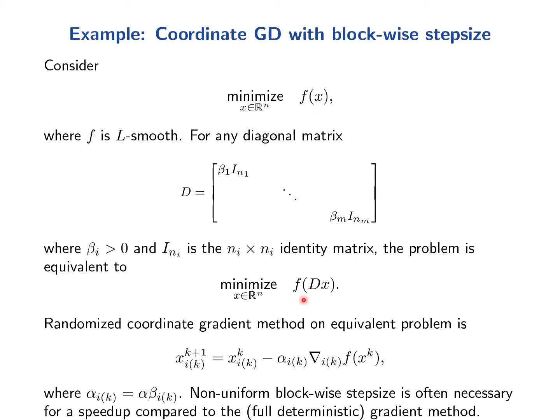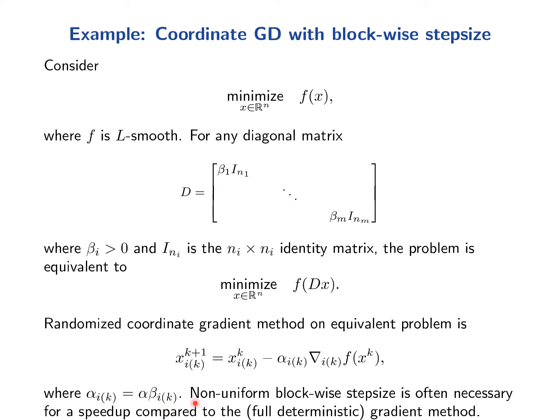Therefore, we obtain this equivalent problem. Now, applying the randomized coordinate gradient descent method with step size alpha to this new problem, we can write an equivalent update formula on x, where the updated block i_k now has a different step size that equals alpha times beta_ik. Since the beta_i's can be different, every block may have its own step size.